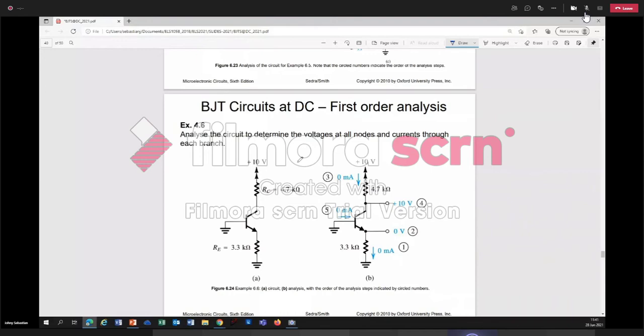It is still 4.7K, and it is still 3.3K at the emitter and a ground. Where is the difference? There is only one difference. The question didn't give you the value of beta.